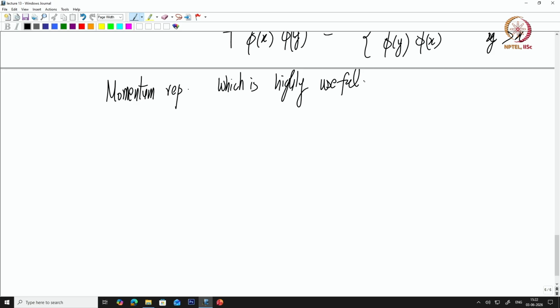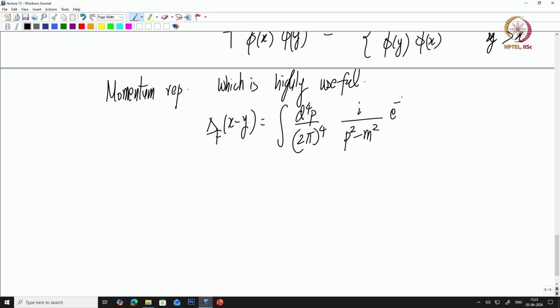It is this: D_F(x minus y) is equal to the integral d power 4 p over (2 pi) power 4 of i over (p square minus m square) e power minus i p dot (x minus y). This is just the momentum space representation of the propagator.